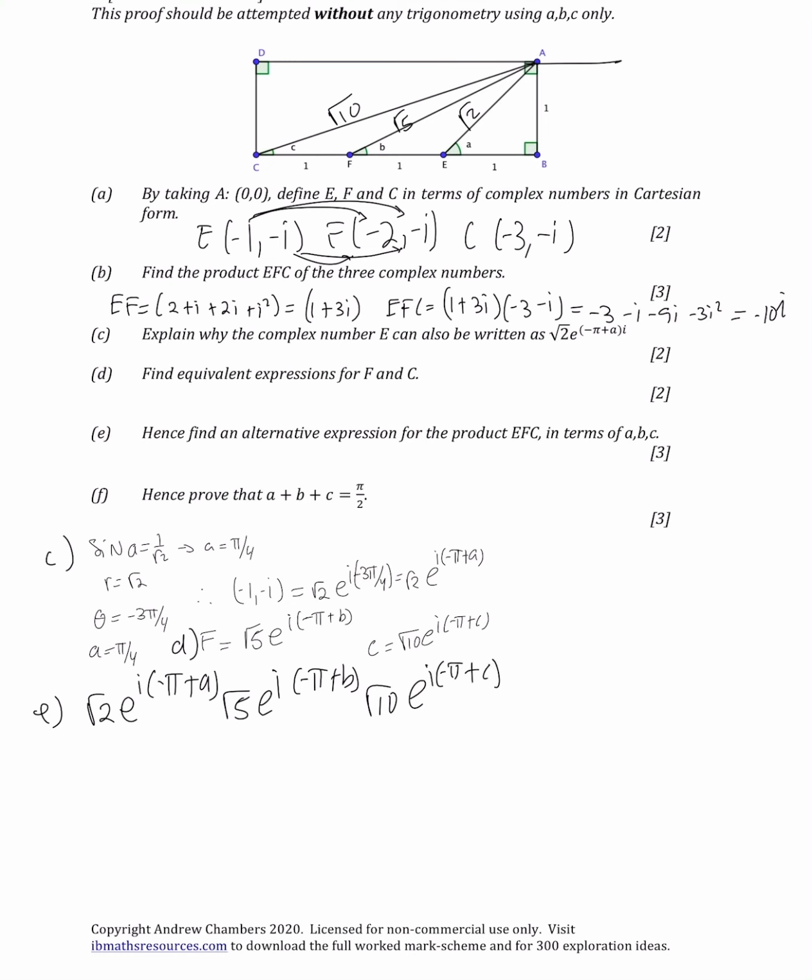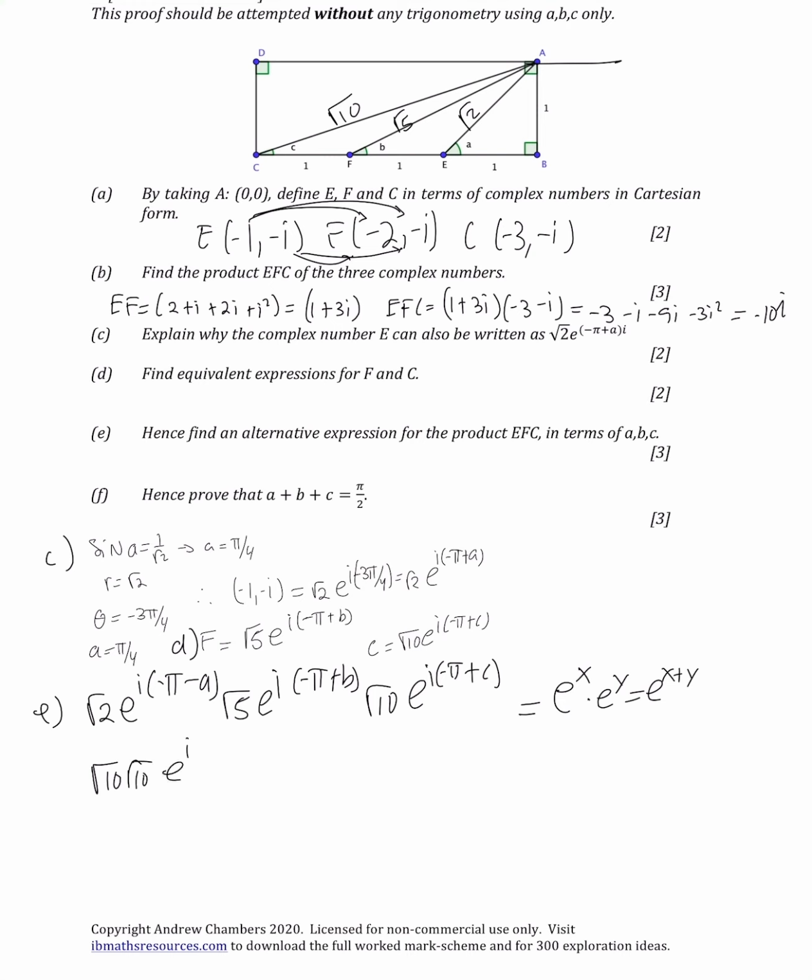You want to remember that when you're multiplying exponential numbers, you add up the exponents. So just as a quick reminder, e^x times e^y equals e^(x+y). In this case, root 2 times root 5 times root 10 is equal to root 10.